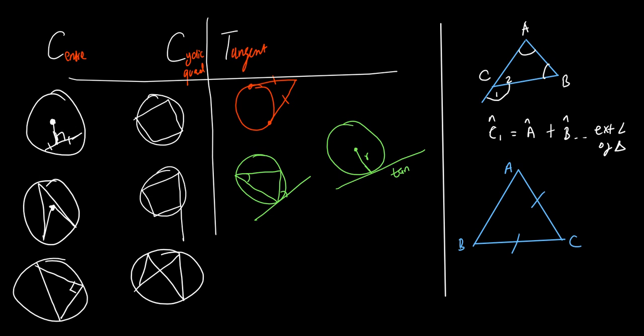A and B. So the angles that are opposite the equal sides will be equal. That means angle A would be equal to angle B. We say angles opposite equal sides. Are we still together there?